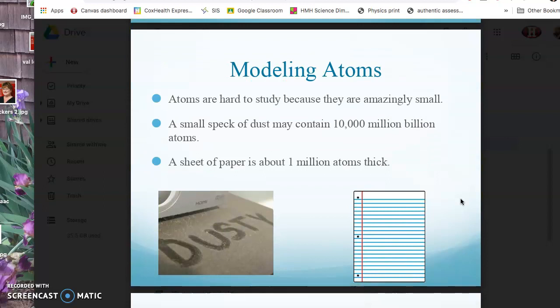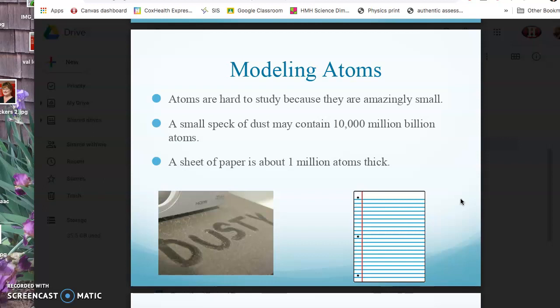So why are models useful for understanding atoms? Atoms are very, very small. They're hard to study. We don't have any microscopes that are going to show us an atom. I mean, they're available, but they're scanning tunneling microscopes. So usually we can get pictures occasionally, but that's about it. And so because of that, we need to make a model. We need to model what these look like to help us understand it. A tiny bit of dust contains 10,000 million billion atoms.